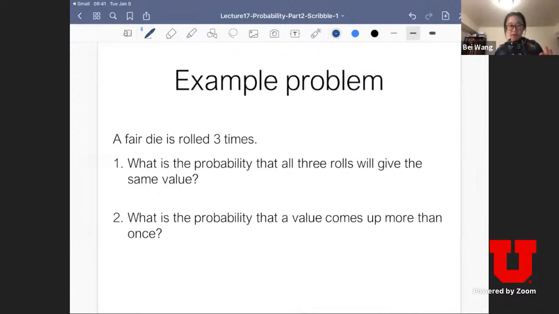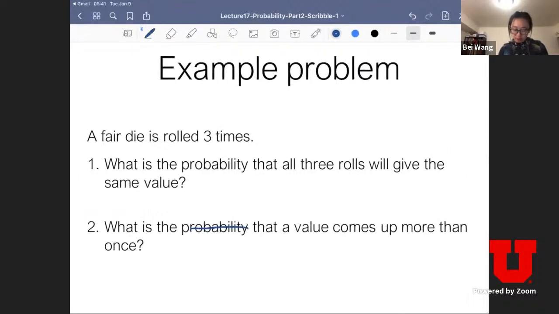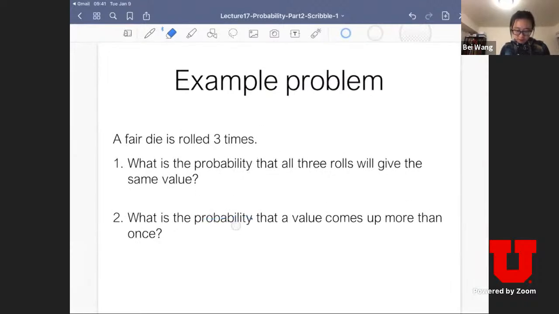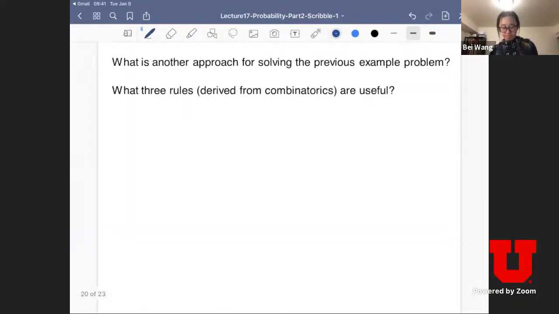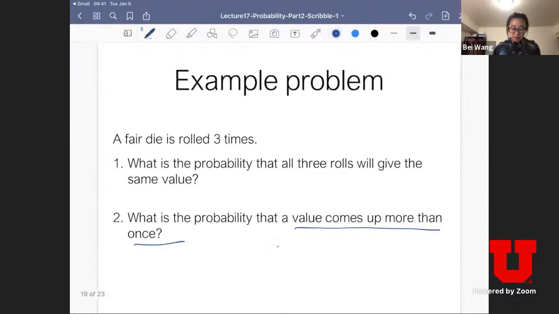Here's a hint. What is the probability that a value will come up more than once? You can think about the probability of a value that never comes up. In this case, you can use the rule of complement as one way.